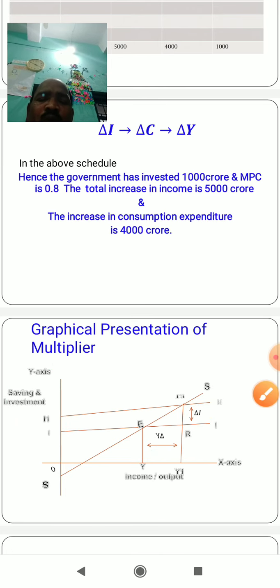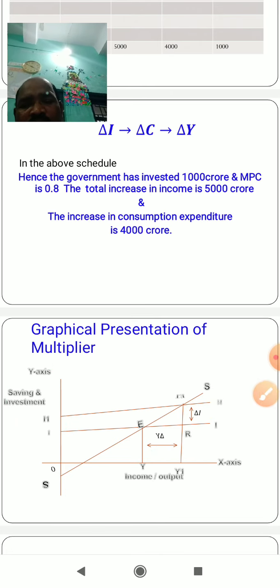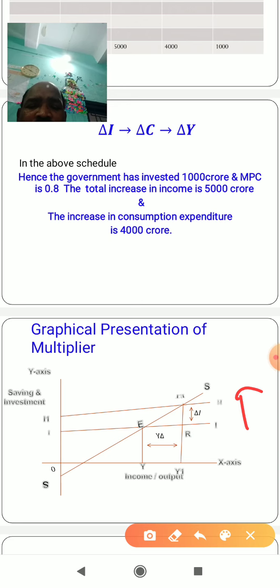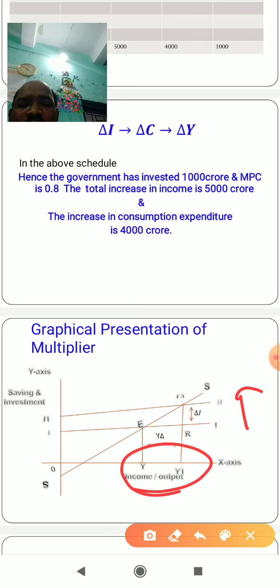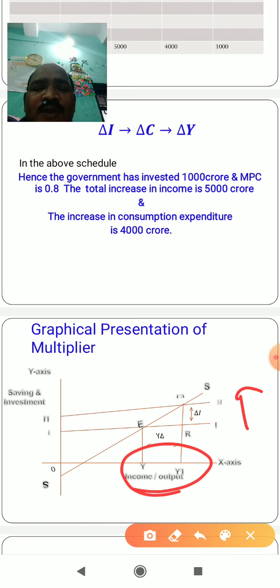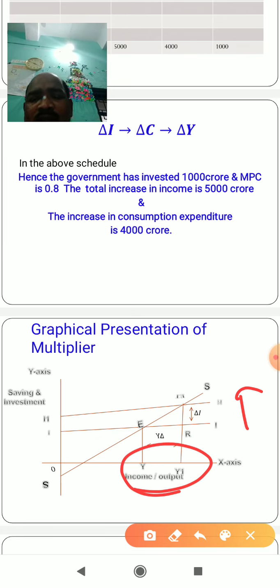When initial investment changes from II to I1, the income also changes, that is Y to Y1. This means when investment changes, income changes. So what is the investment multiplier? Investment multiplier is equal to the change in income divided by the change in investment, meaning delta Y divided by delta I.